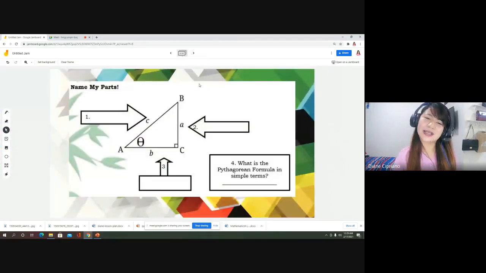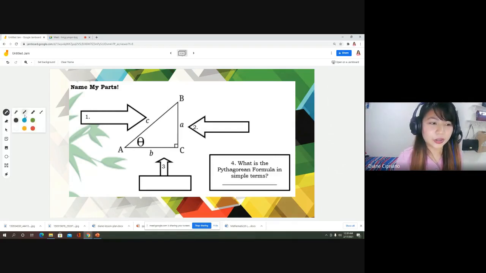So before we proceed to our main topic, let's have a review first. I named this activity Name My Parts. So let's look at the right triangle on our presentation. What do you call this part?